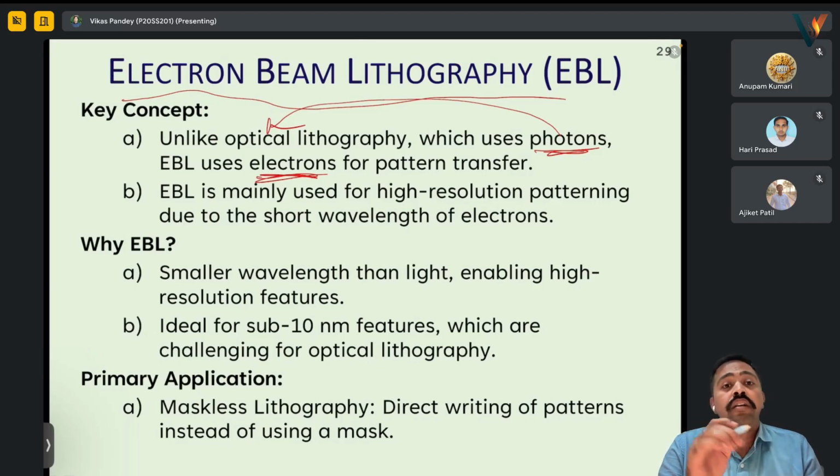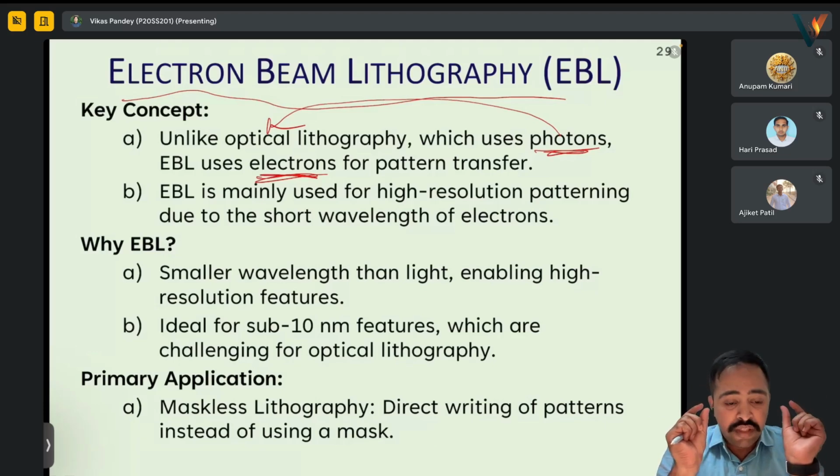Here the tolerance, the difference between the actual pattern and the mask, which here will be a software based mask anyway, will be less, since the wavelength is much smaller. The resolution is much higher and the chances of errors are lesser.